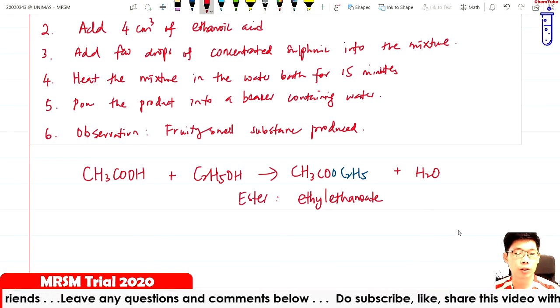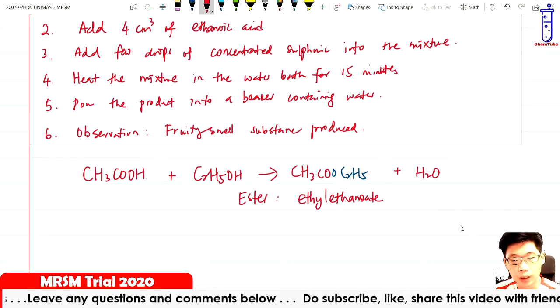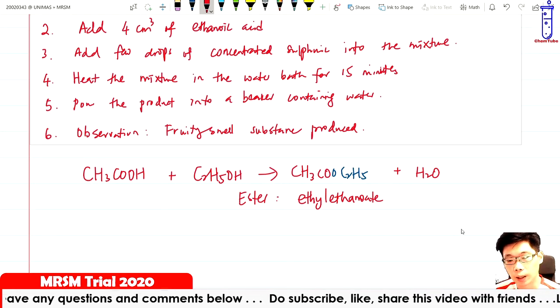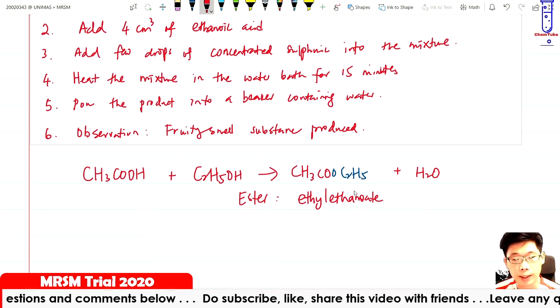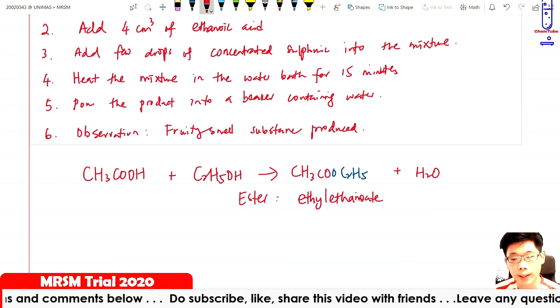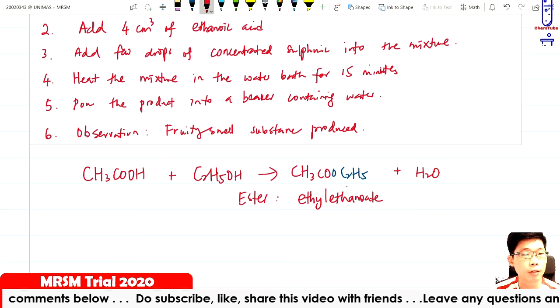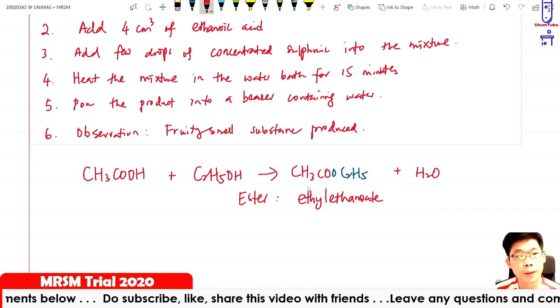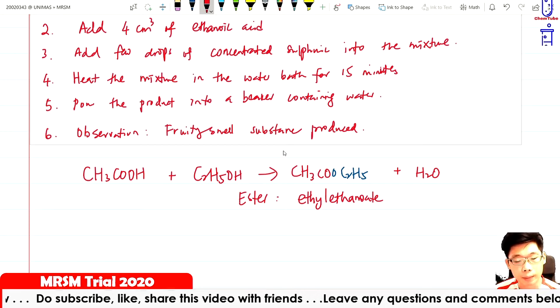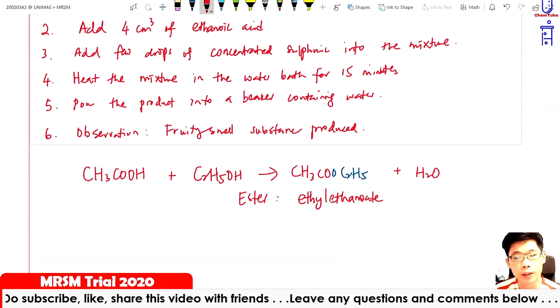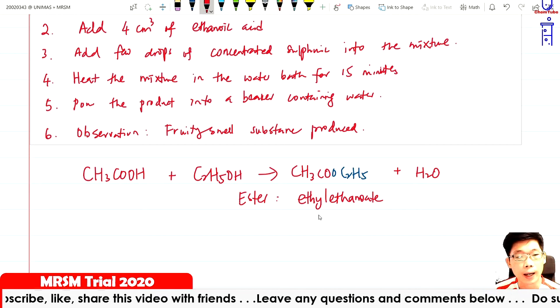So this is how we use the alcohol and the carboxylic acid to produce the ester ethyl ethanoate. Actually, if you use a different alcohol and a different carboxylic acid, you will produce a different ester.